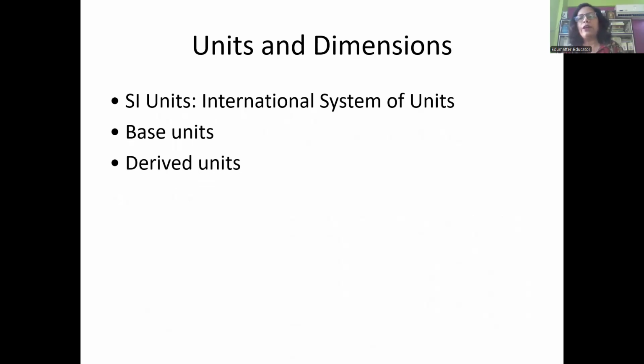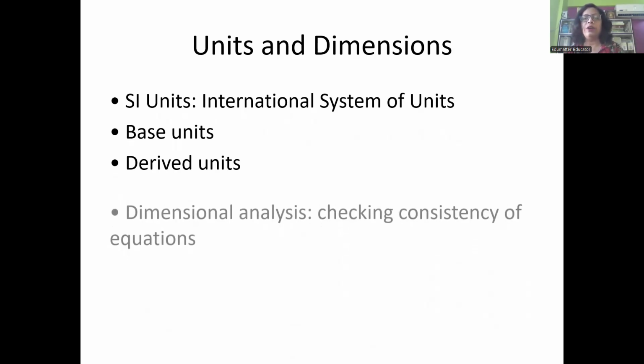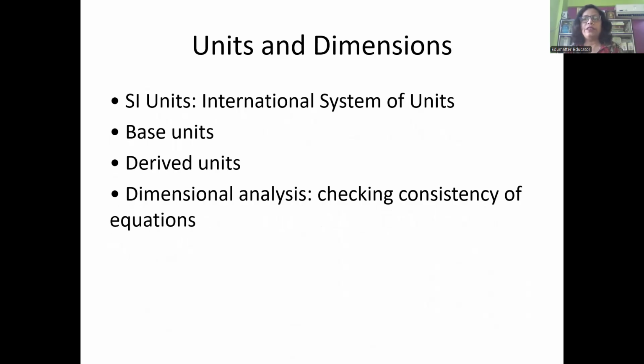Base units, or fundamental units, define those quantities which are basic, fundamental quantities. And derived units: some relationship among the fundamental quantities will give us some more quantities, and those units are called derived units. We will learn these things in our next slide.